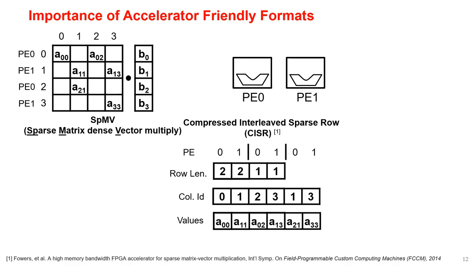And in the next step, since P0 and P1 ran out of non-zero entries, the next available rows are row 2 and row 3, and they are assigned to P0 and P1. Their values are written to the values array along with their column indices in the column ID array. Thus, the CISR format does a contiguous allocation of data assigned to different PEs.